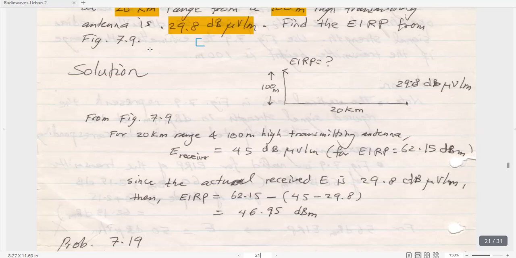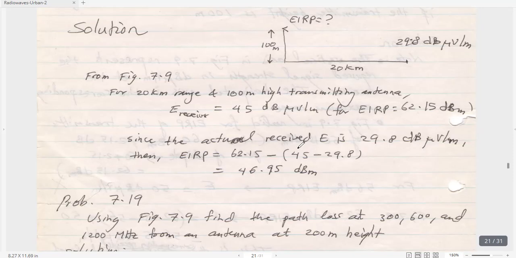As you can see here, the electric field, we obtain the value of 46 or 45 dB microvolt per meter from the curve. I have used a ruler here in this question, and the more accurate answer was 45.